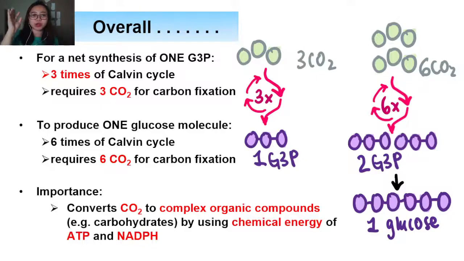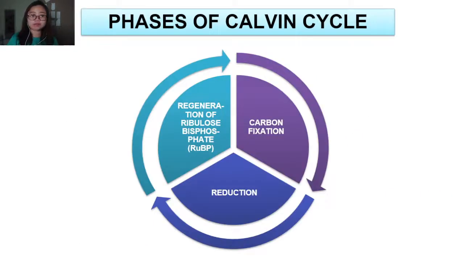So earlier we already generated the energy in the form of ATP and NADPH. So now we're taking the energy from NADPH and ATP, and we're going to put it into the glucose molecules. So that's why the importance here is talking about putting it into complex organic compounds by using chemical energy.